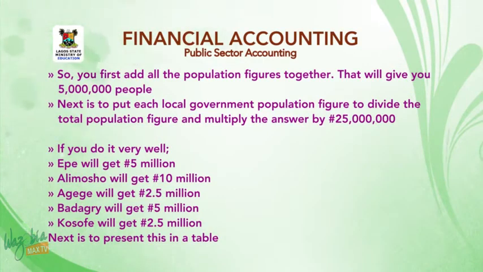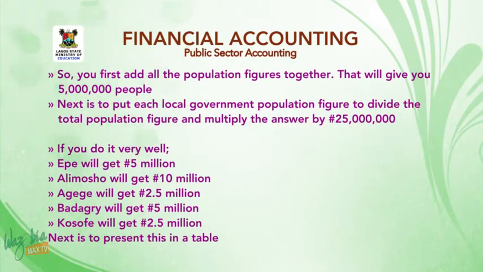Next is to divide each local government population figure by the total population figure and multiply the answer by 25 million naira. If you do it very well, Epe will get 5 million naira, Alimosho will get 10 million naira, Agege will get 2.5 million naira, Badagry will get 5 million naira, Koshofe will get 2.5 million naira.